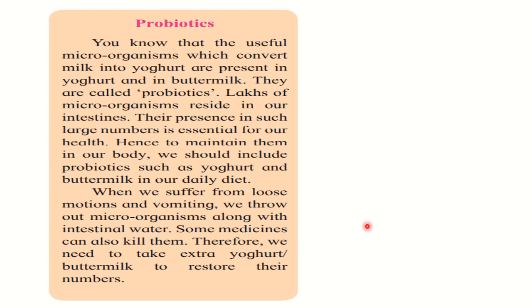Here we have the important information about probiotics. Okay, what is the meaning of probiotics? So here probiotics are the useful microorganisms. Okay, these are called probiotics, and these microorganisms convert milk into yogurt. Therefore they are present in yogurt and buttermilk. So we should include yogurt and buttermilk in our day-to-day life because they contain probiotics.